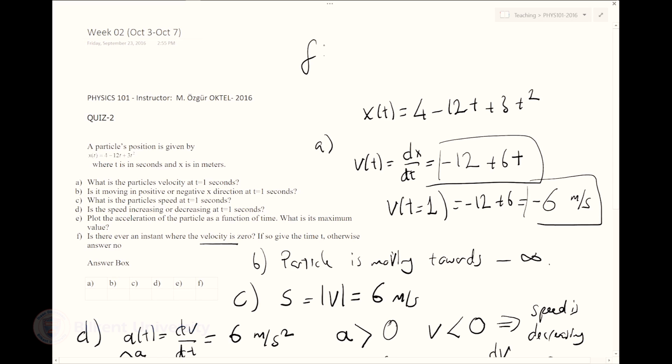I already have the formula for v of t. I've calculated it. It's minus 6 plus 6t is 0. And from here, I can say that at t equals 2 seconds, v is 0. Okay? Any questions about the solution?